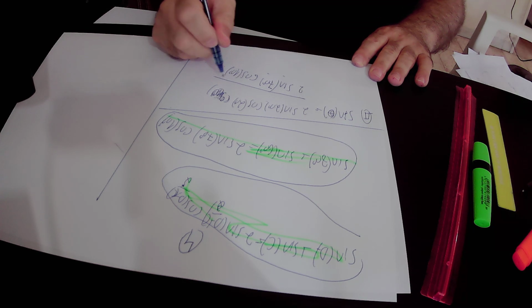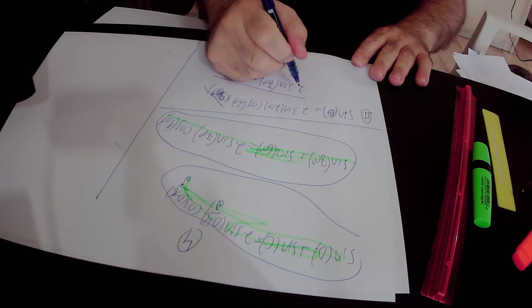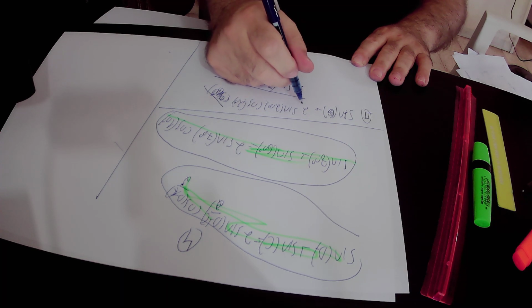We have cosine 10 degrees in the numerator and cosine 10 degrees in the denominator, so cosine 10 degrees will get cancelled. We have 2 in the numerator and 2 in the denominator, so 2 will get cancelled.